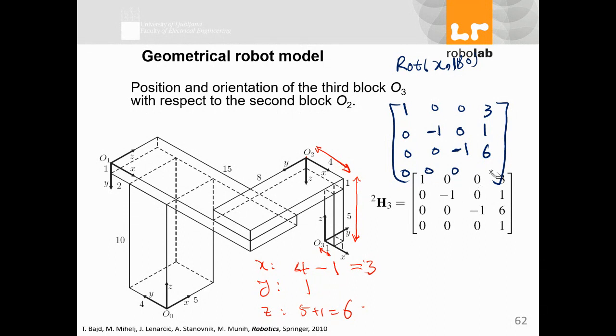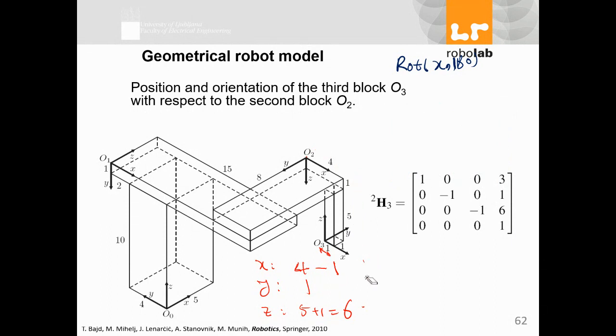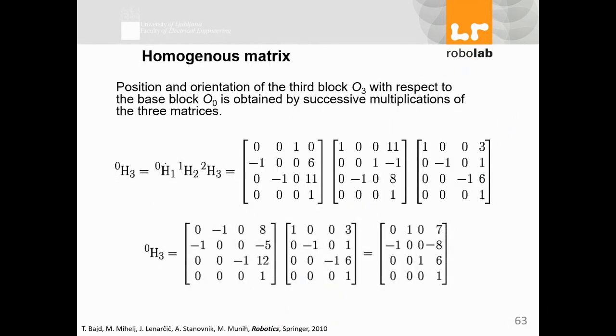All right. Now we have these matrices H1, H2, and H3, transformations between these different points. And now we want to find the transformation from here to here. To do that, the only thing we need to do is multiply the three matrices together. So from 0 to 1, 1 to 2, 2 to 3, when you multiply the three together, what you get from 0 to 3 is this one.